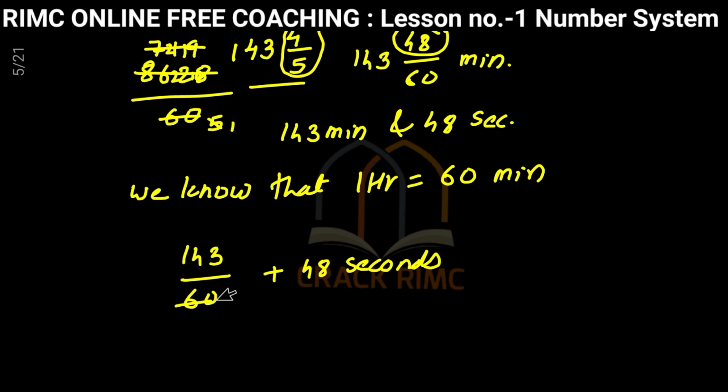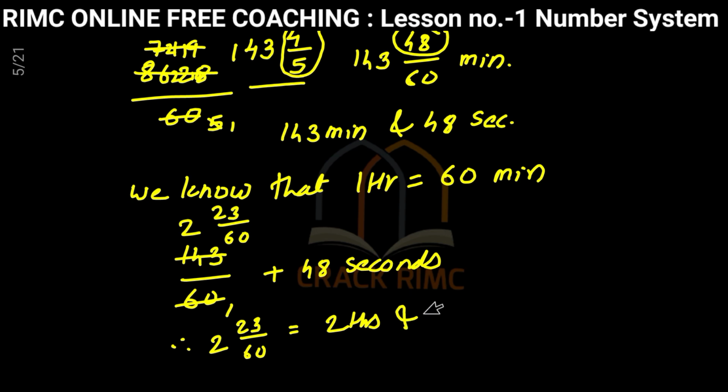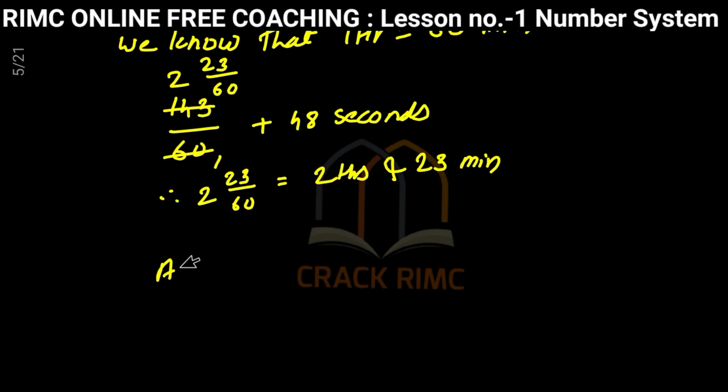So here we can divide 60 1s are 60, 60 2s are 120, 143 minus 120, so remainder will be 23 upon 60. Okay. So our hours are 2 wholes 23 upon 60, which is equal to 2 hours and 23 minutes. Okay.